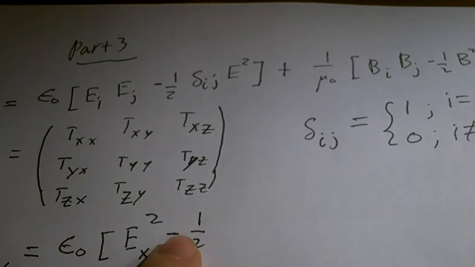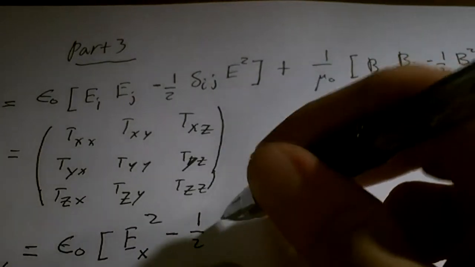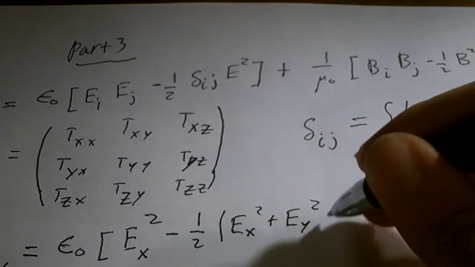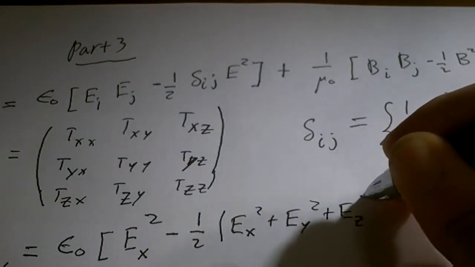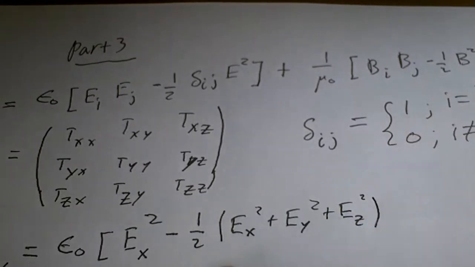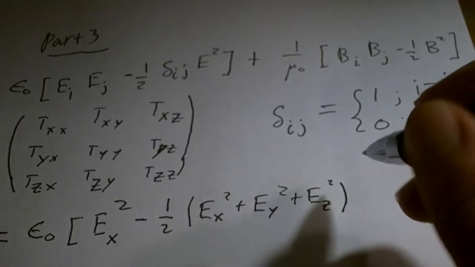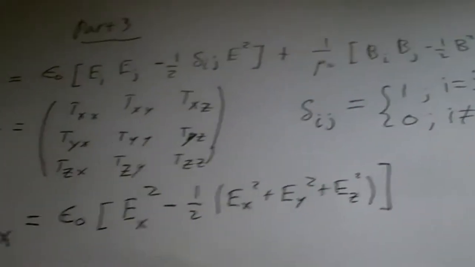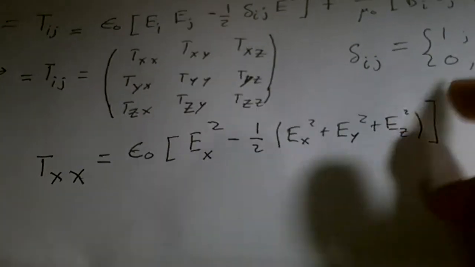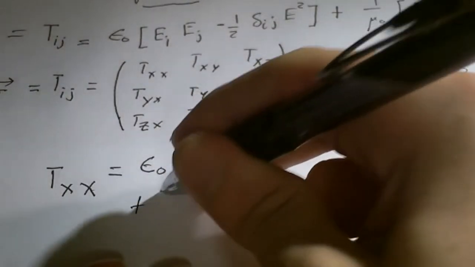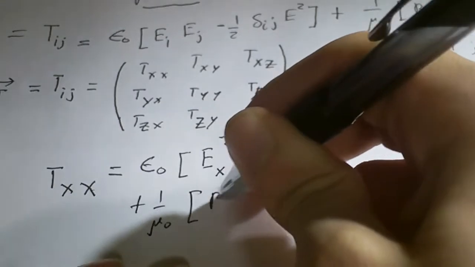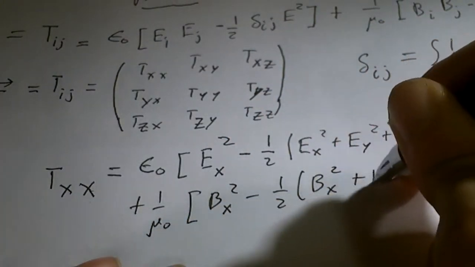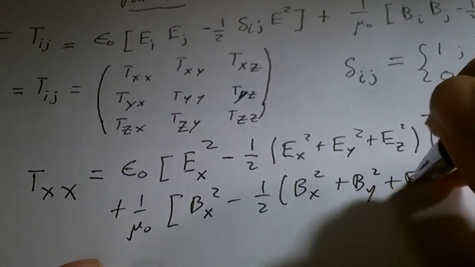So we have minus 1/2 of the magnitude squared of the electric field, which is Ex squared plus Ey squared plus Ez squared. Similarly with the magnetic field, we have the exact same thing: 1 over mu naught of Bx squared minus 1/2 of Bx squared plus By squared plus Bz squared.